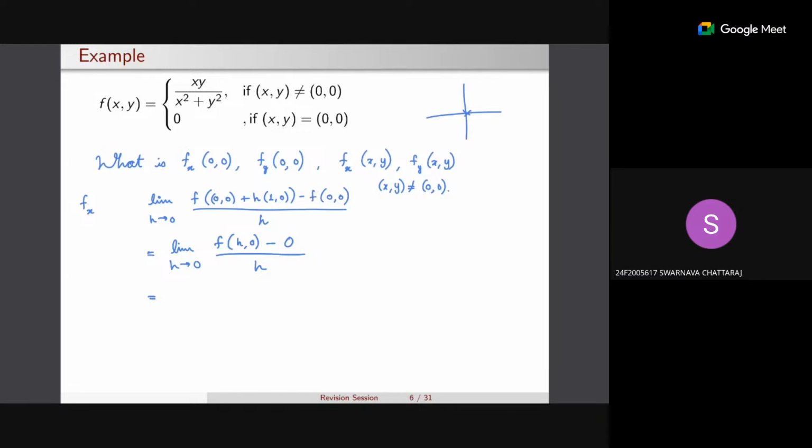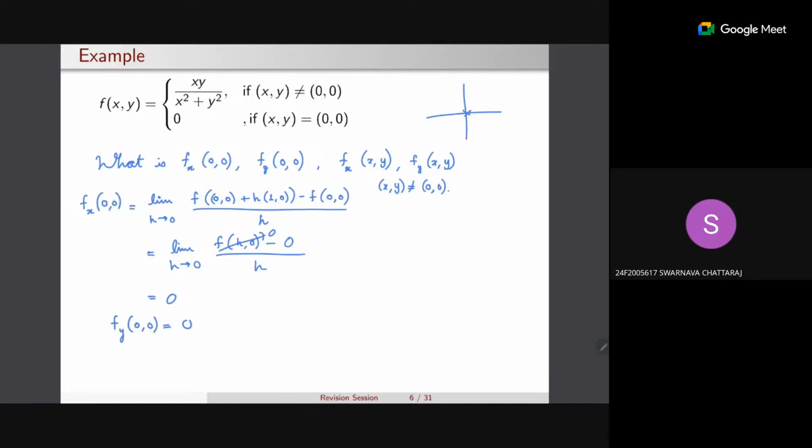Yes, the other form, but one of the coordinates is 0, which means that this will also be 0. So this is 0 minus 0 divided by h, and the limit as h goes to 0 doesn't matter because it is identically zero. This quantity entirely is equal to zero, so the limit will also be equal to zero. And similarly, you can check that fy at 0, 0 is equal to 0.